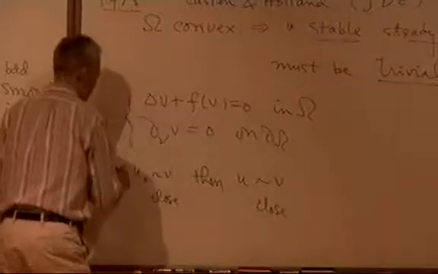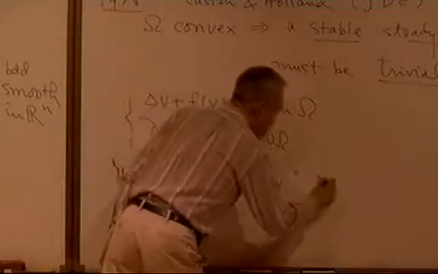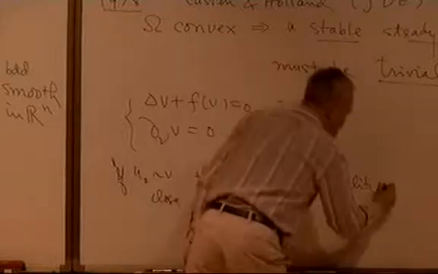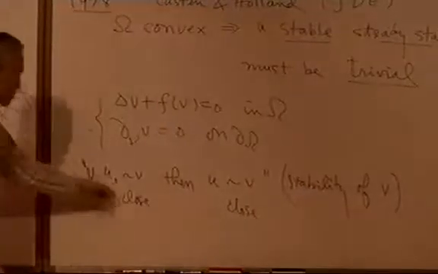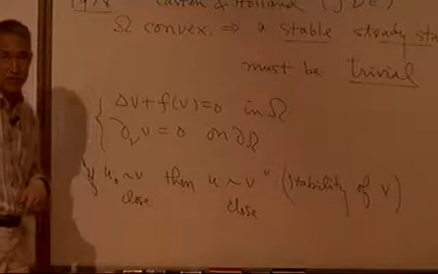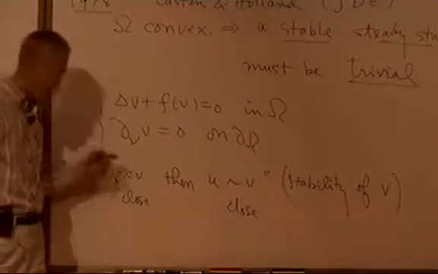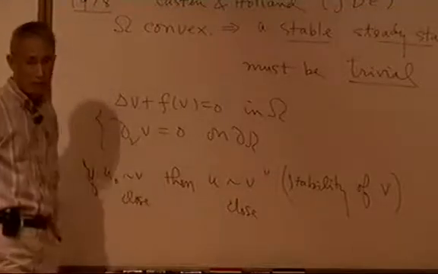This means stability of V. So if the initial value is close to V, then the solution stays close. If this is true for any initial value close to V, that means V is stable.